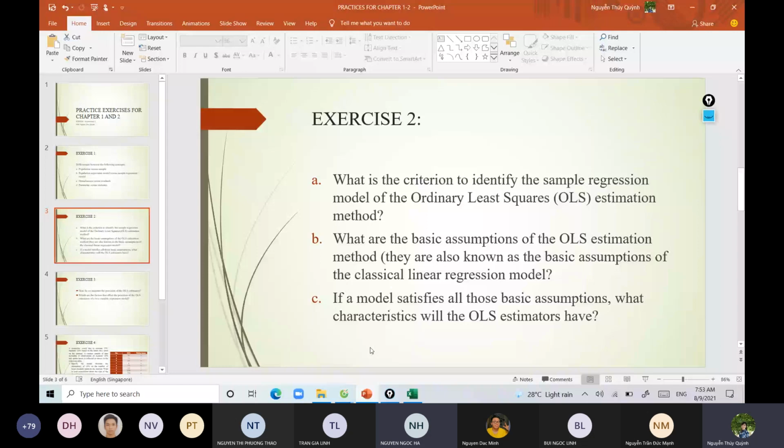estimation method. But what is the criterion that we use to choose the sample regression model in the first place? So I think the first criterion is that the sample shares some sort of characteristics.